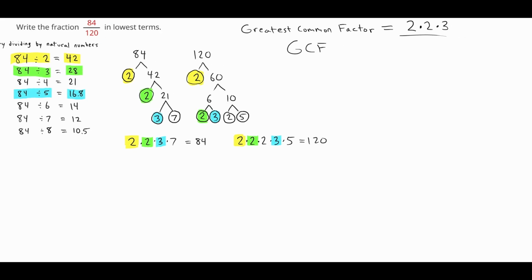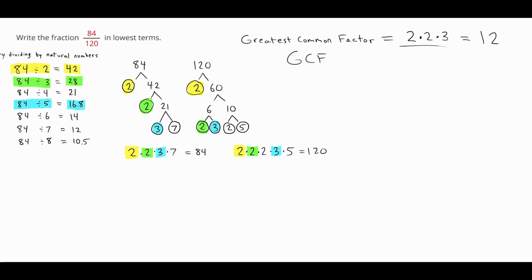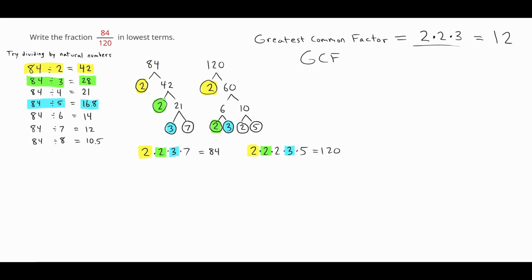At this point, we can multiply to find out what that is as a number. It's 12. So 12 is the greatest common factor of 84 and 120. What we'll do now is take that original fraction, 84 over 120, and divide both the top and bottom by a number.